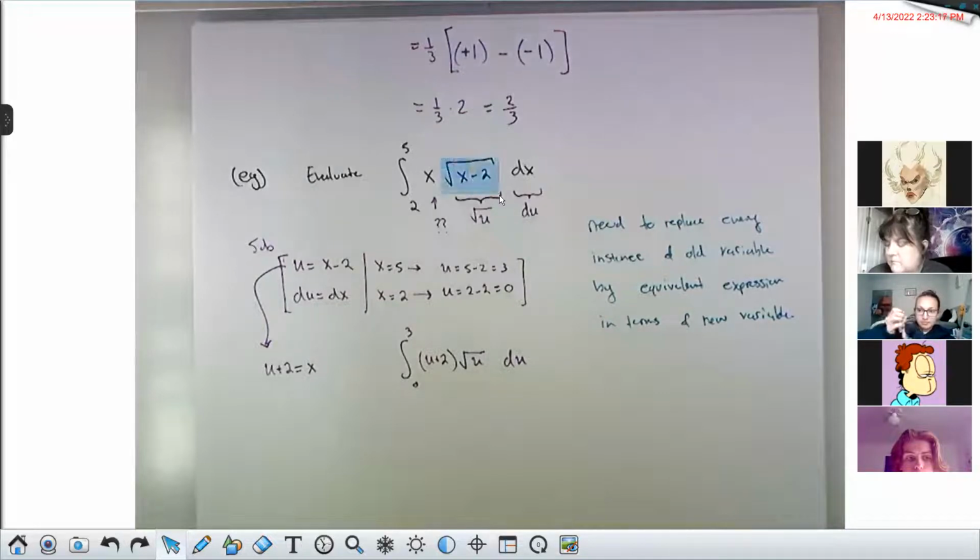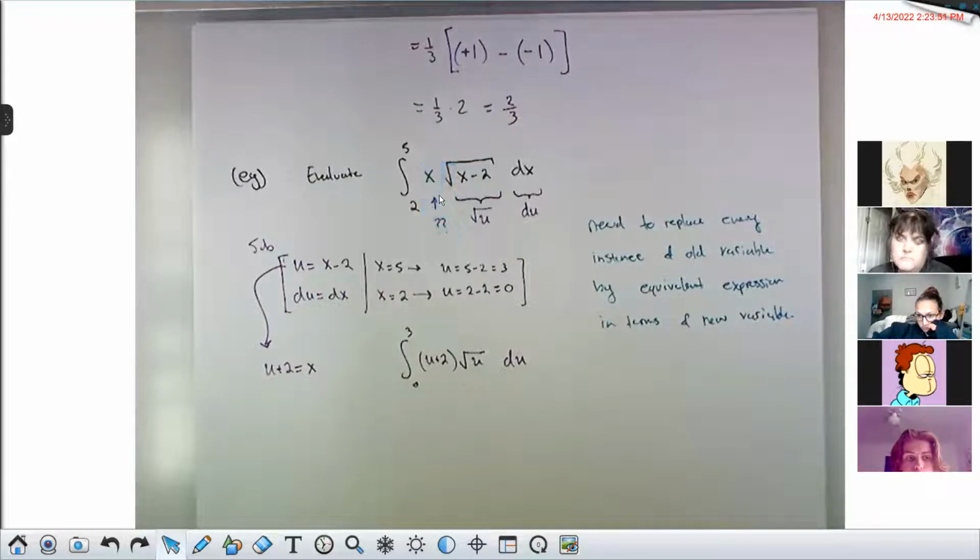So after we plug in the obvious pieces like square root of x minus 2, that's going to be the square root of u because we sub for the inner function. We chose to sub for x minus 2. So this piece definitely becomes root u. That's the decision we made. When we calculate the differential du, we found that it was equal to dx because the derivative of x minus 2 is just 1 minus 0. So du would be 1 dx. The lingering piece here is this x. And the question is, well, what do I do with that?